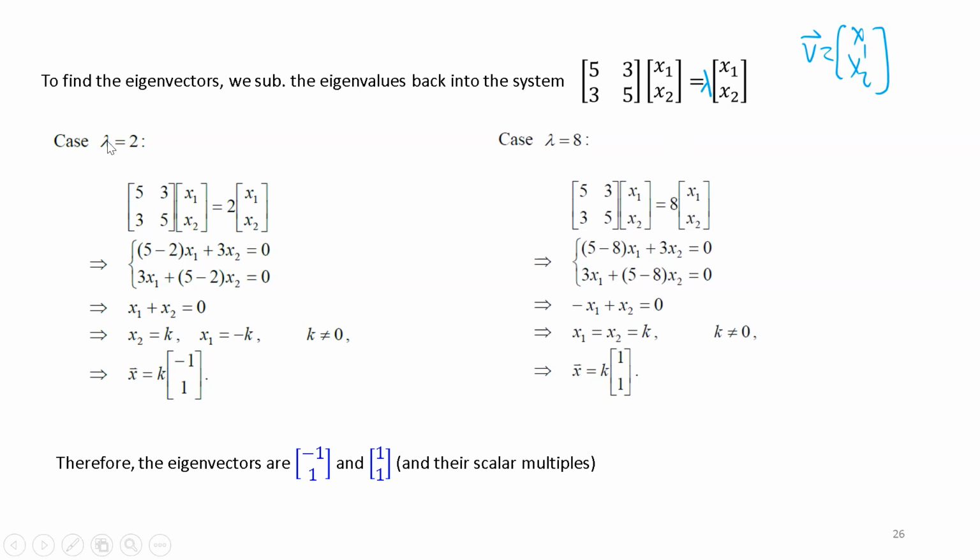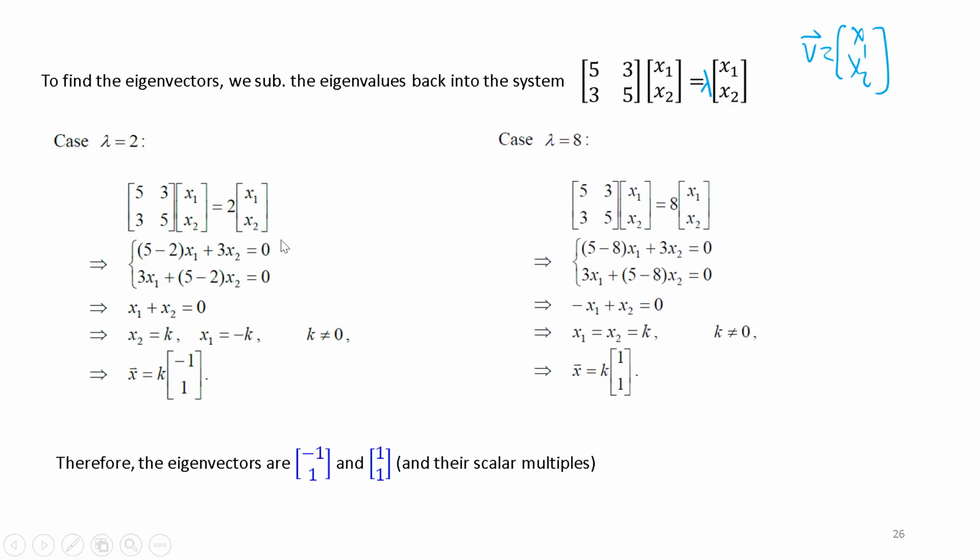Case by case. First case, lambda equals 2. That means A times V equals 2 times V. So you just go ahead and solve this system, and it gives these two linear equations.